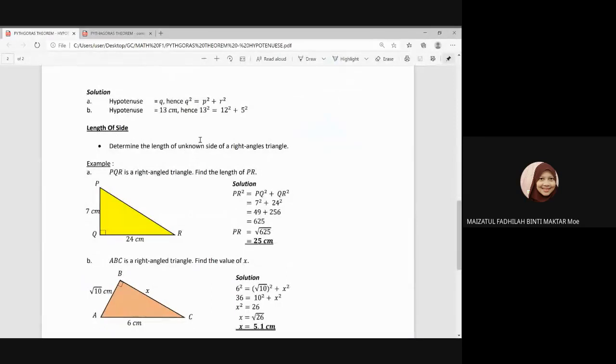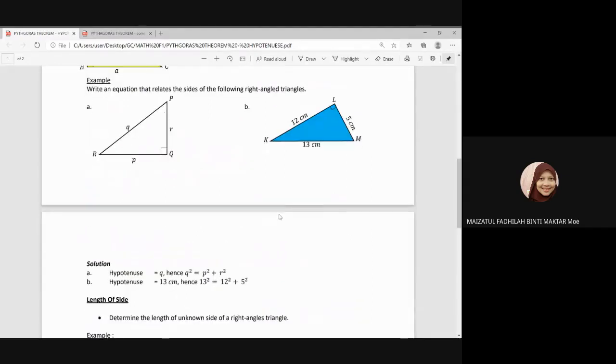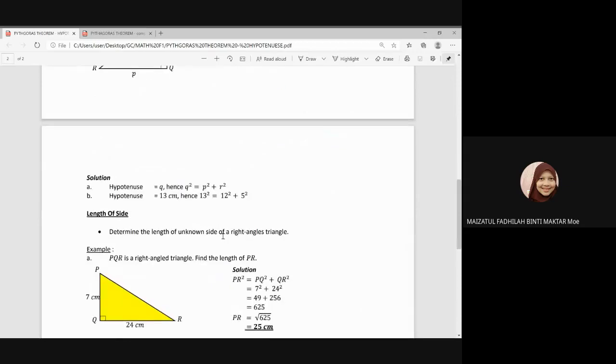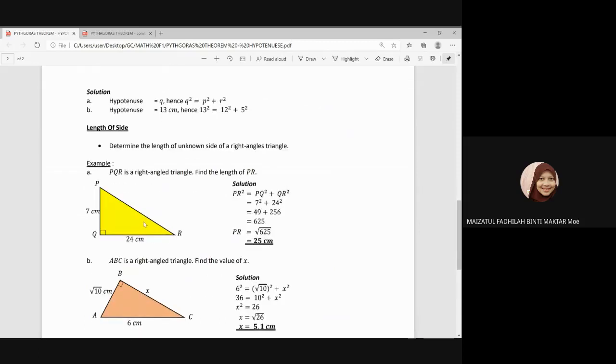So from the equation or formula that we know here, we must understand it properly, and we can find the length of a side by using that formula. Remember the value of the hypotenuse squared equals one length squared plus another length squared. Make sure you do not take the value of the length of the same side. Okay, so example like this one.